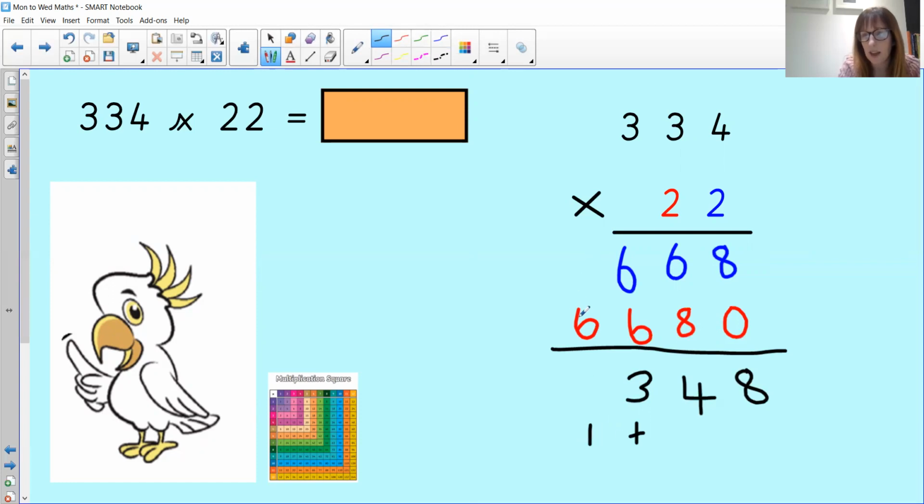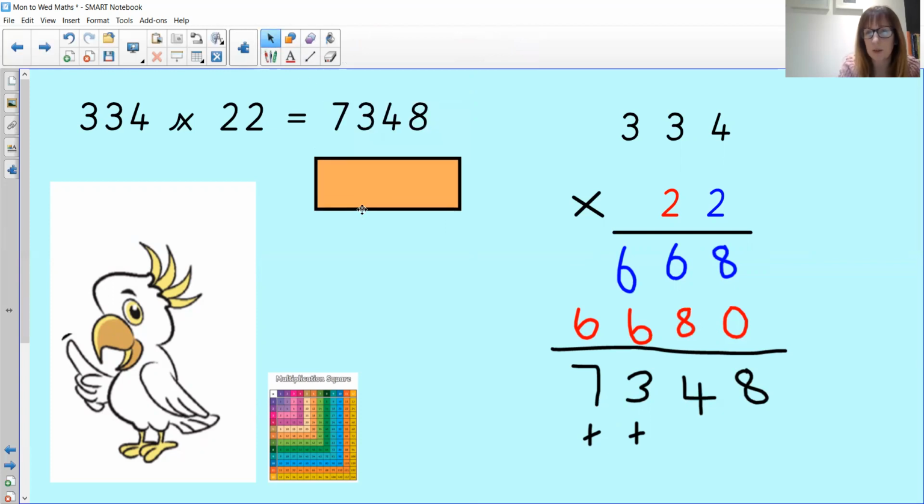And we've got nothing here. We've got 6. Add the 1 is 7. So 334 times 22 equals 7,348. So hopefully you can see that the method that I used is exactly the same as yesterday. We've just got an extra column to multiply.